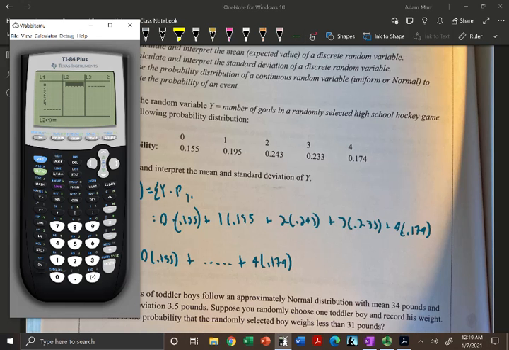And then right here where it's 0.155. Okay, the next one is 0.195. Then 0.243. 0.233. And finally 0.174.